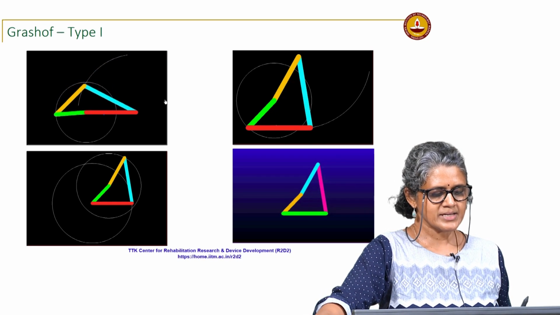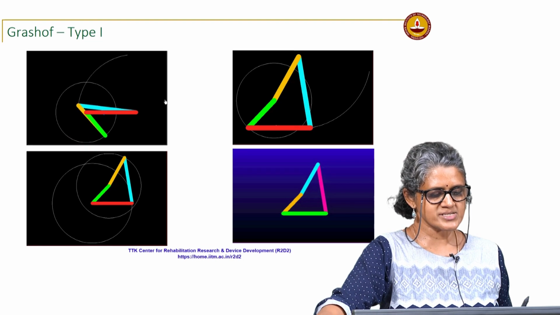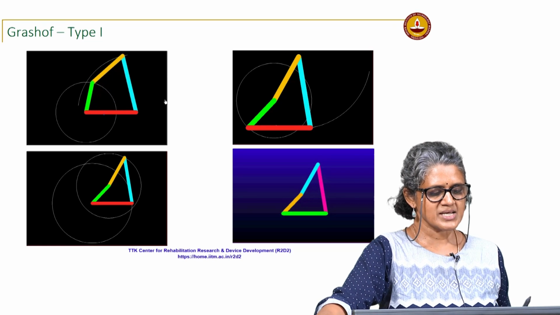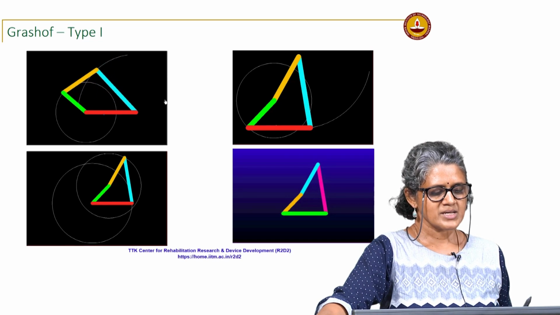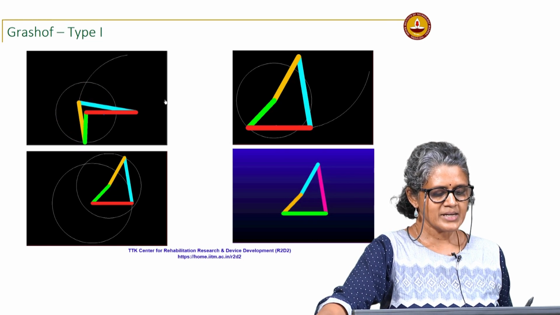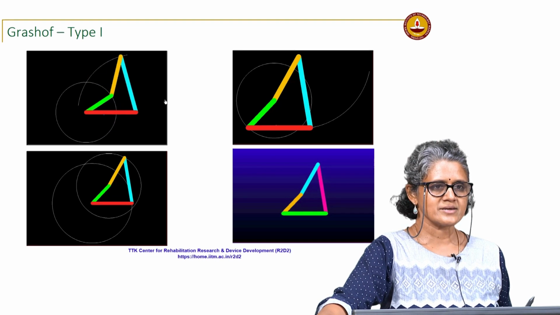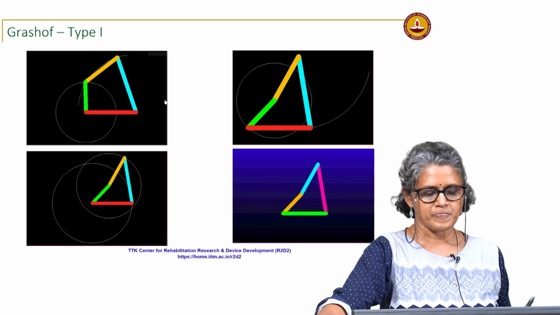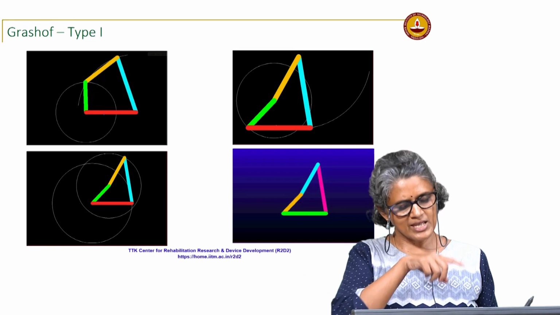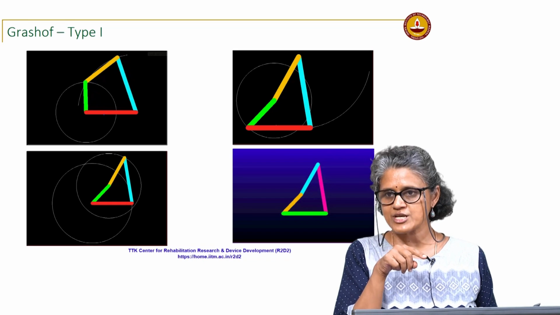The green link here is the shortest link, okay. The link lengths are chosen here such that it is a Grashof type 1 mechanism, and if the link next to the shortest link is fixed, then in all cases the shortest link is the one that is capable of the full rotation.